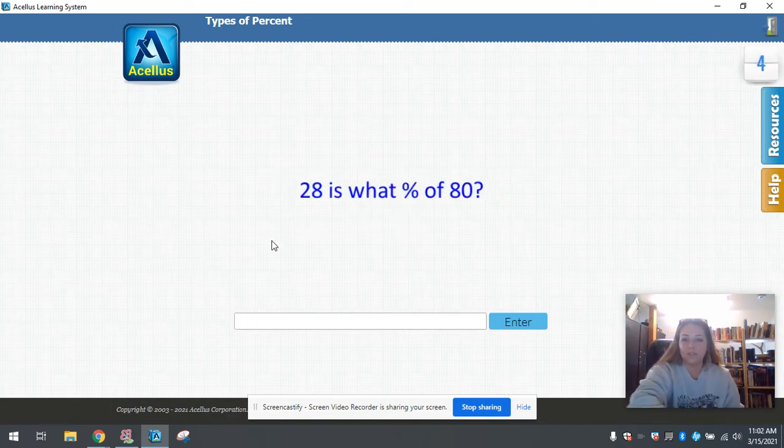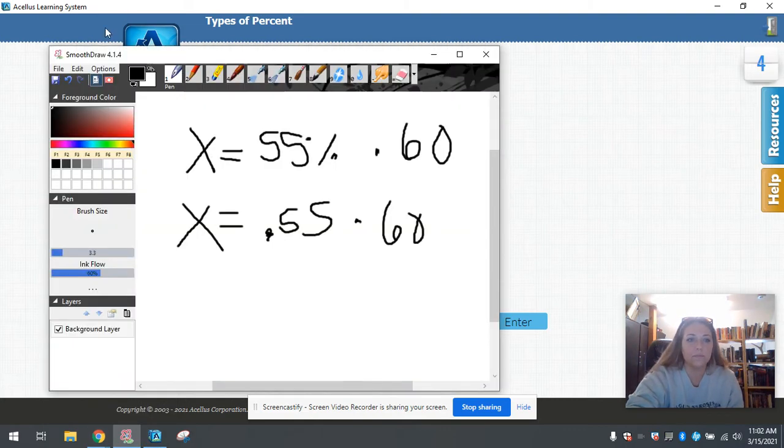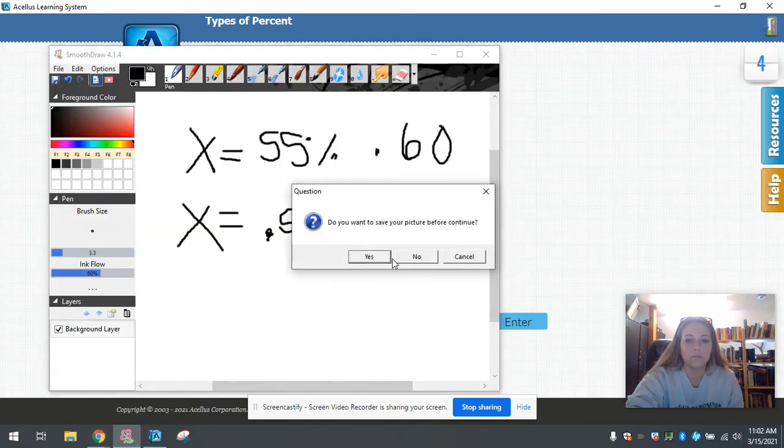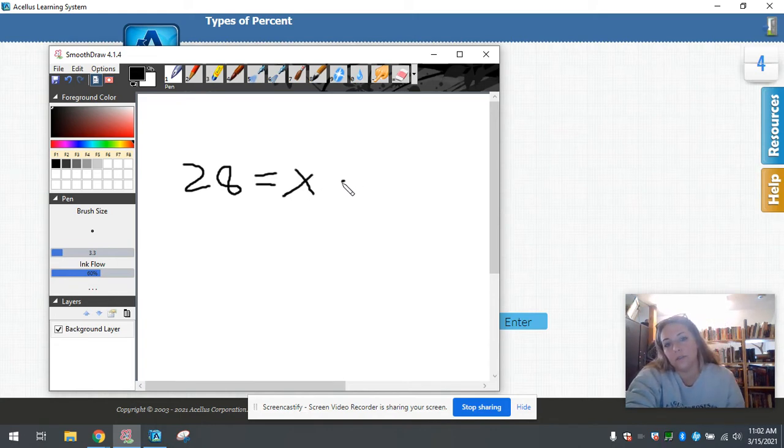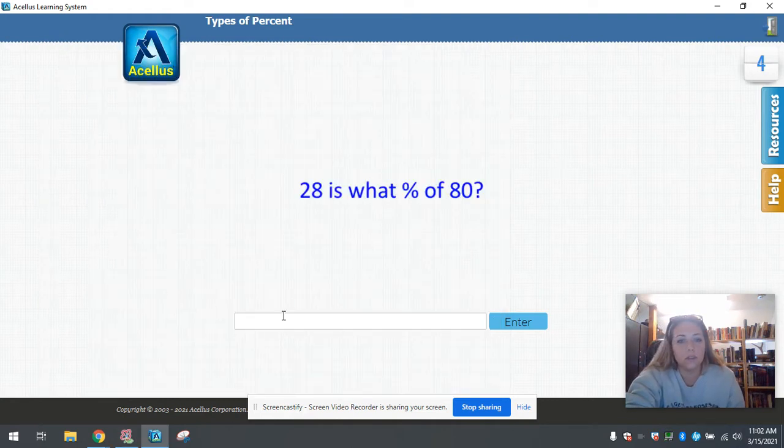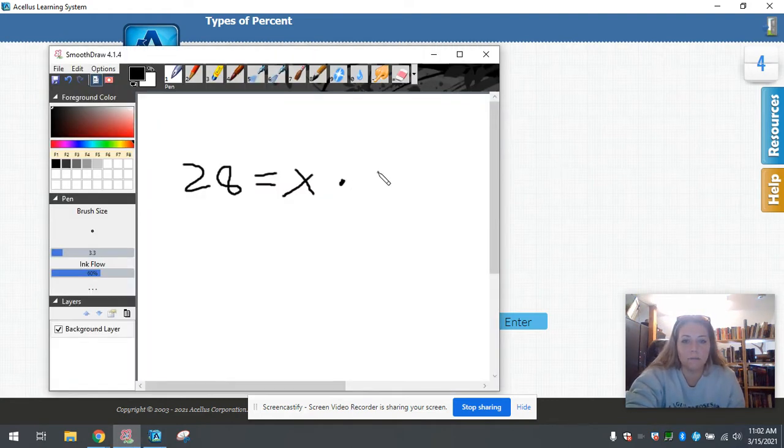28 is what percent of 80? 28 is what variable, percent, of times 80. Okay. We want to get the variable by itself.